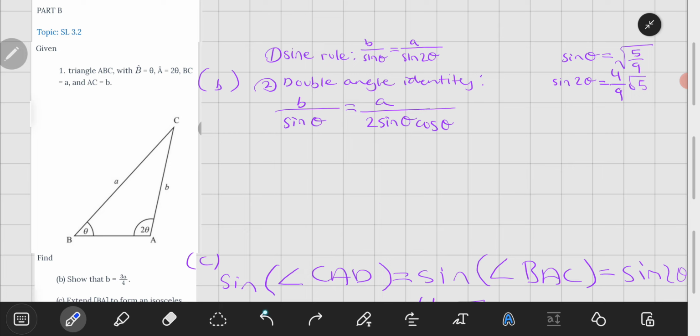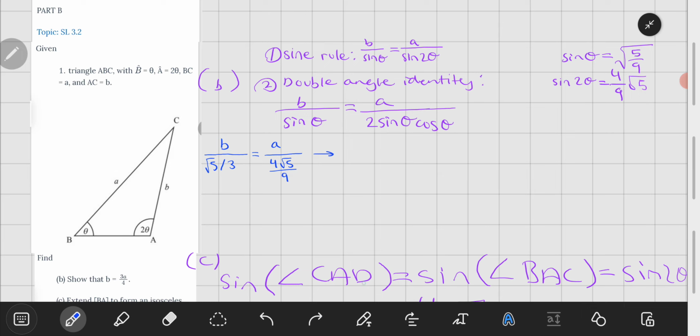So when we substitute our two values into the equation, which would be root 5 over 9, 4 over 9 root 5, and root 5 over 9, which has been written as root 5 over 3, which means the same thing, then we get b over root 5 over 3 and a over our value for sine 2 theta.